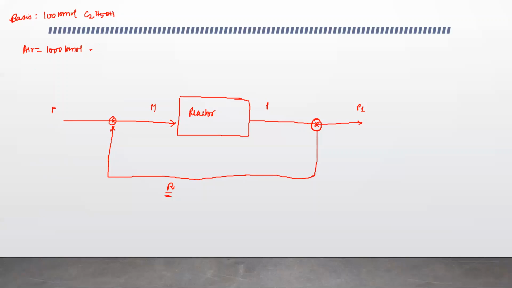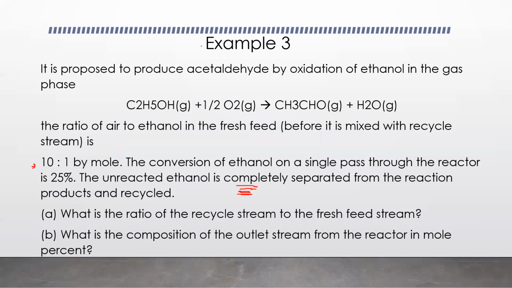So that means we have 790 kilomole of nitrogen and 210 kilomole of oxygen. That is what we have for air, since it contains 79% nitrogen by mole and 21% oxygen by mole.